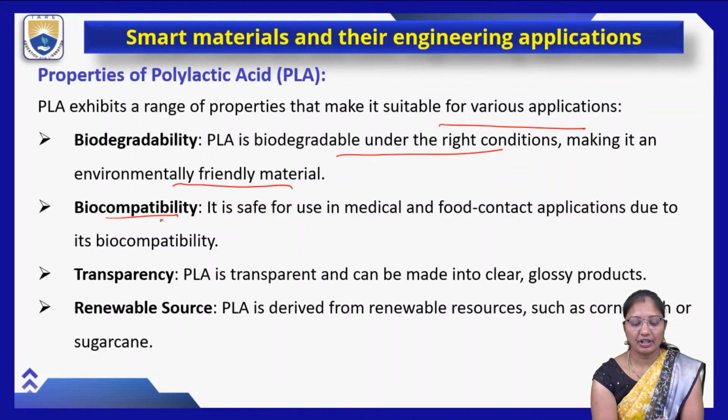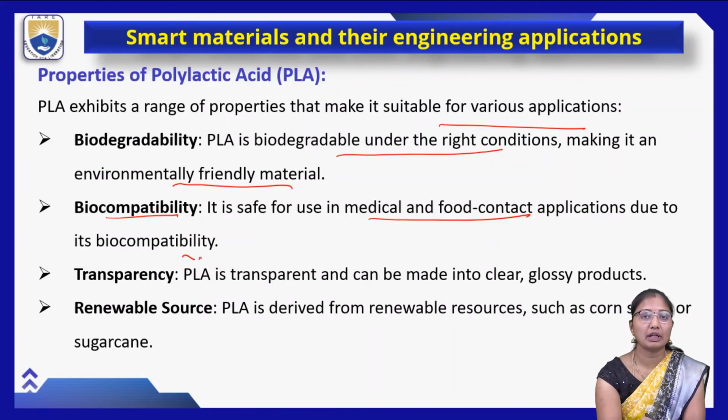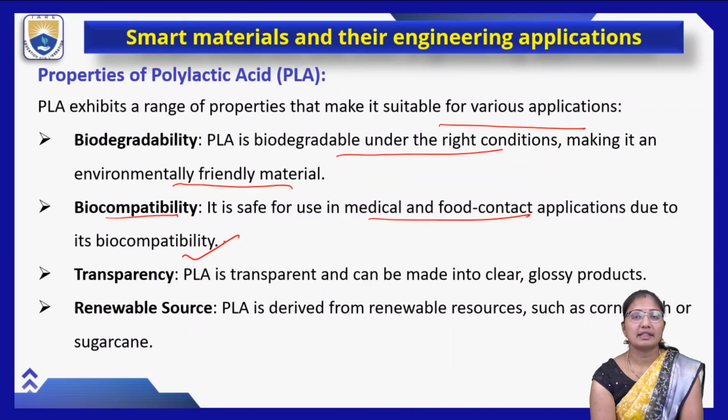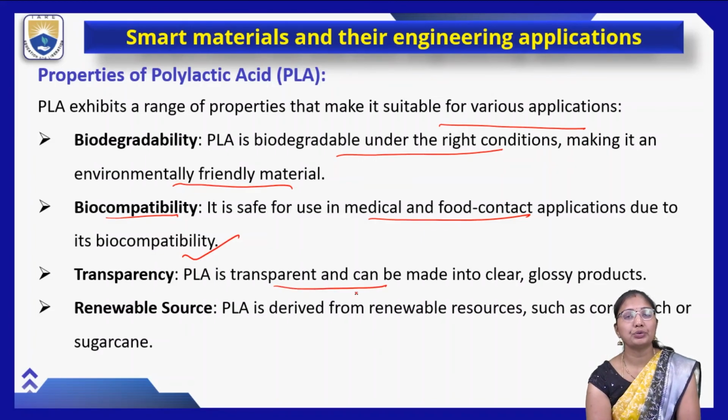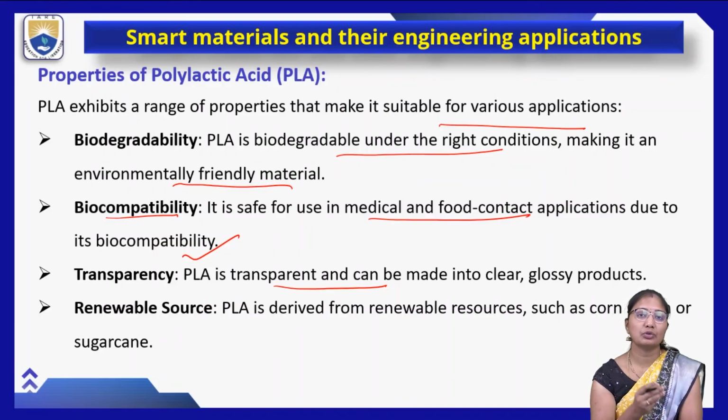It is safe for use in medical and food contact applications. Next is transparency. PLA is transparent and can be made into clear and glassy products, visually like a transparent film. So clear and glossy products can be prepared with this polylactic acid.